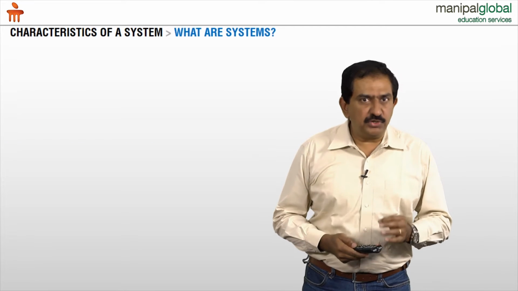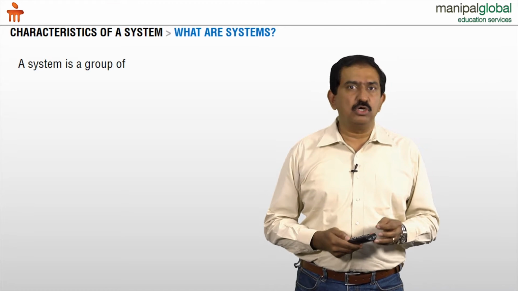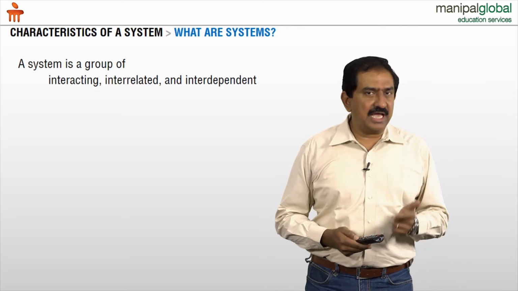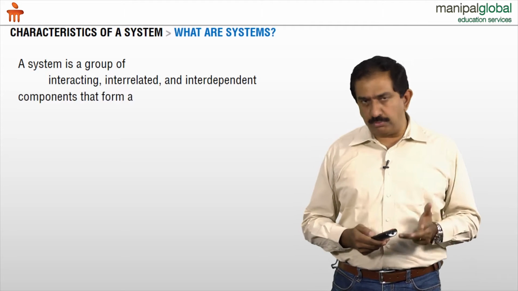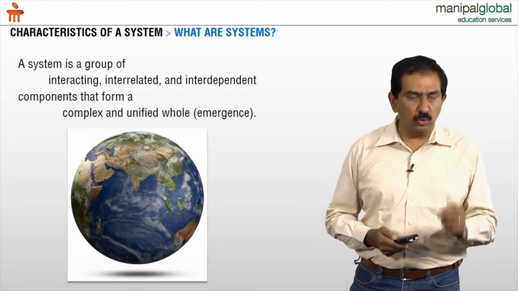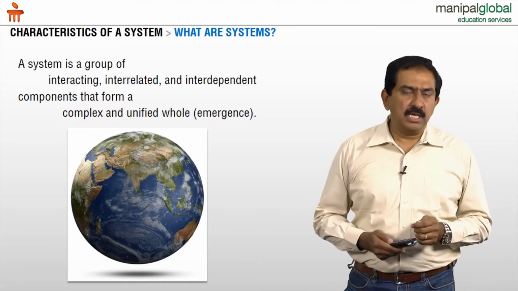The formal, the official definition of a system is that it is a group of interacting, interrelated, and interdependent components that form a complex and unified whole. Let's look at each of these words. They mean a lot.